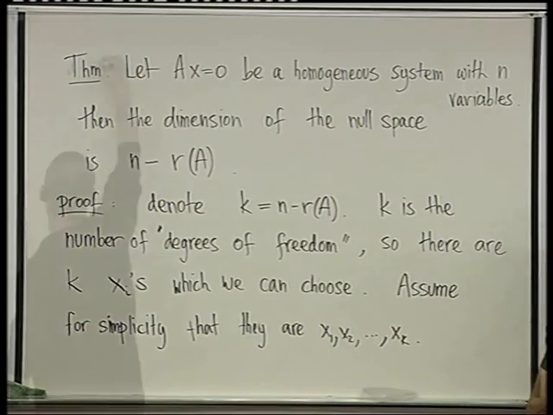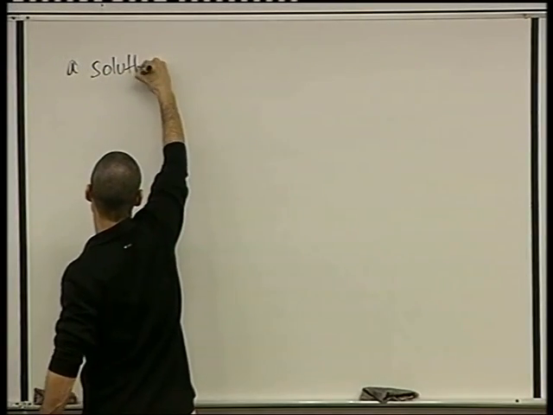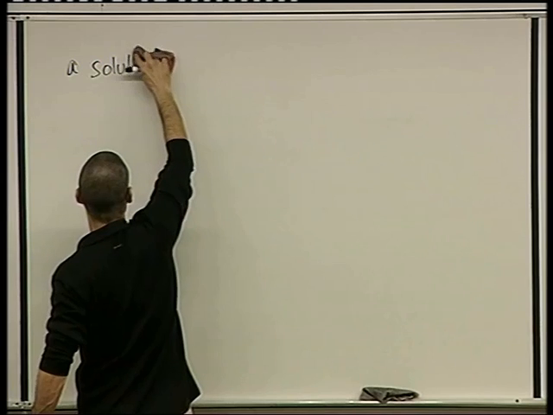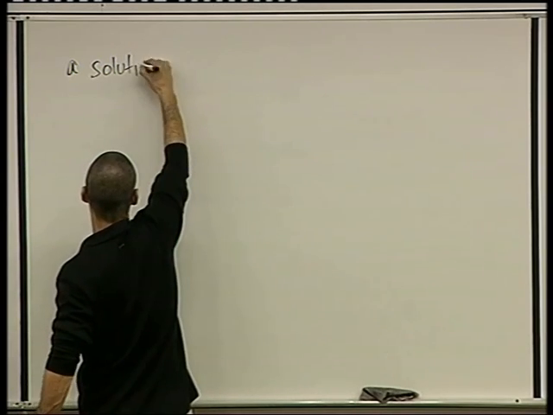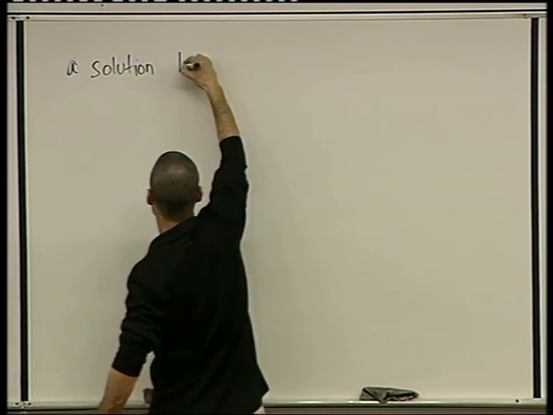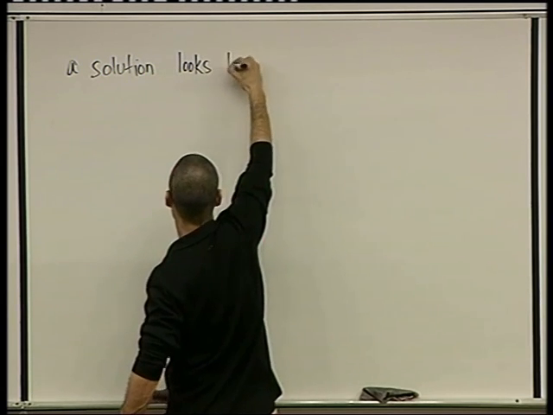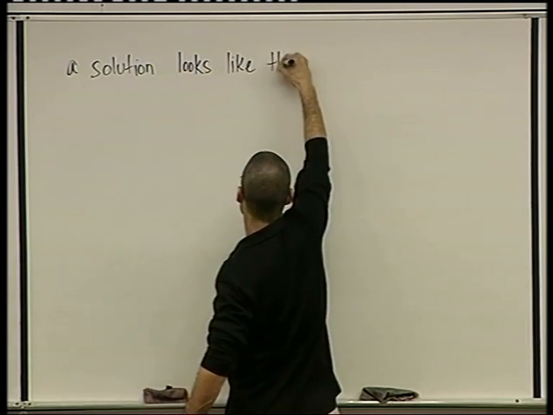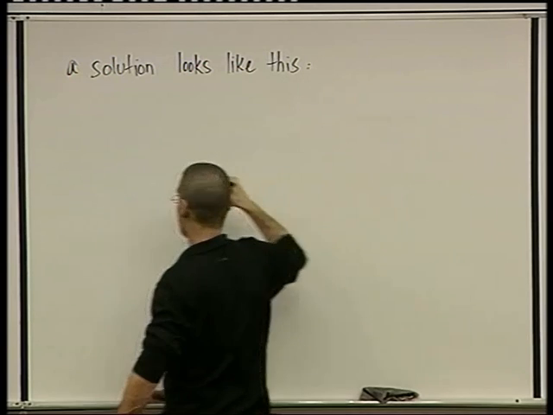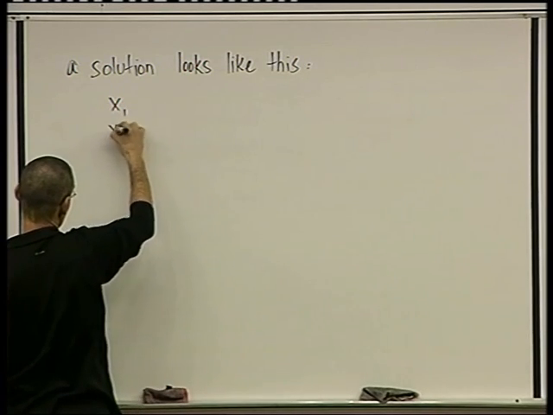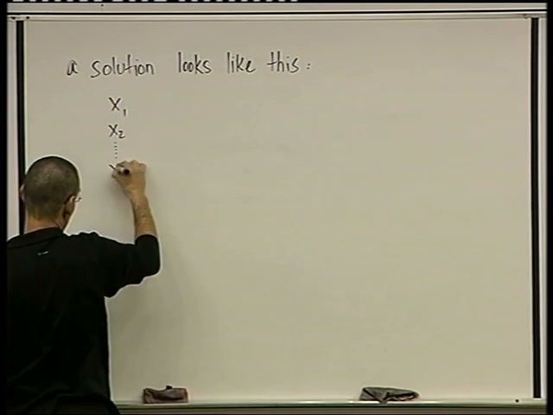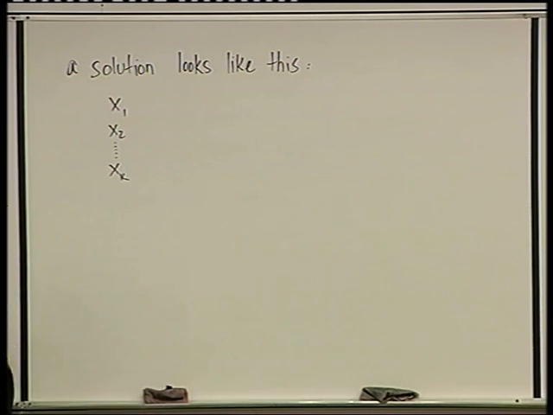So a solution, why did I write an H? A solution looks like this. There's x1, x2, all the way up to xk. I'm writing it as a column vector because that's how we're used to thinking of x.